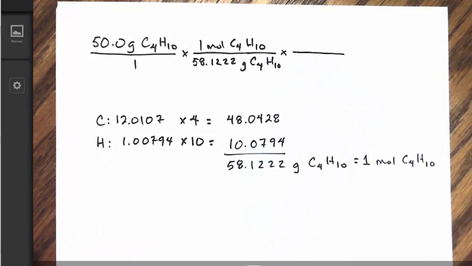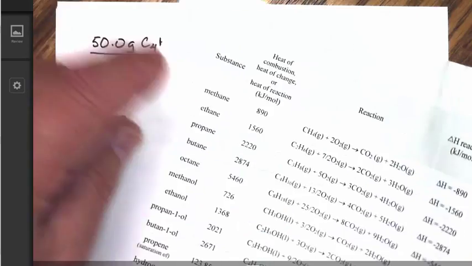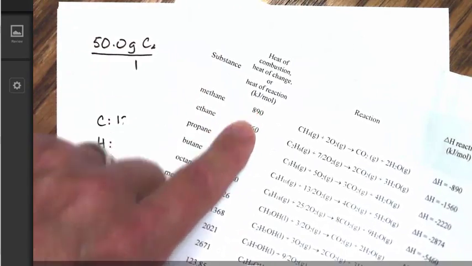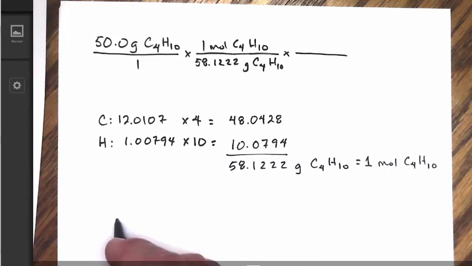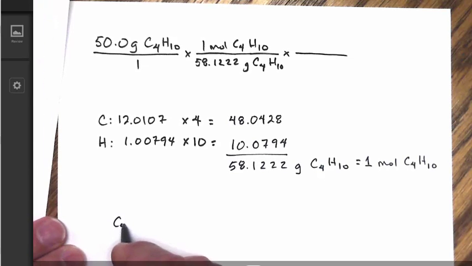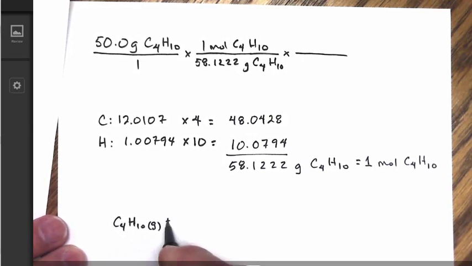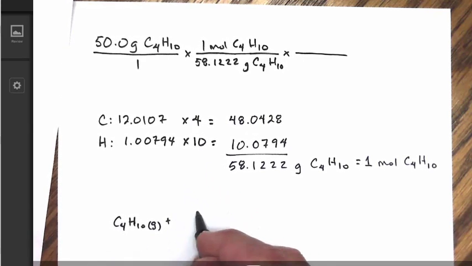Now we're ready to use the molar heat that's produced, the heat of combustion here. Let's write out an equation that includes this heat of combustion. Here's butane, here's the equation. We're going to just write it out down here. So C4H10, and that symbol G is for gas. So that's the physical state.